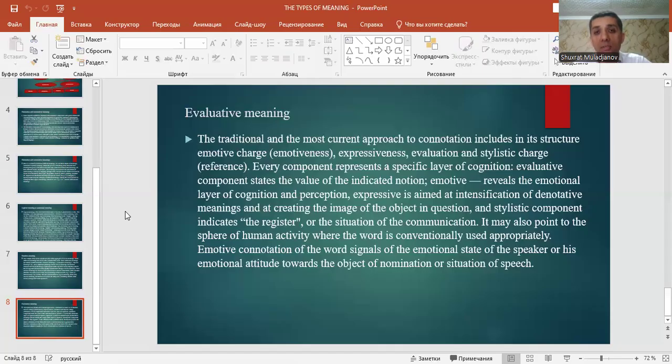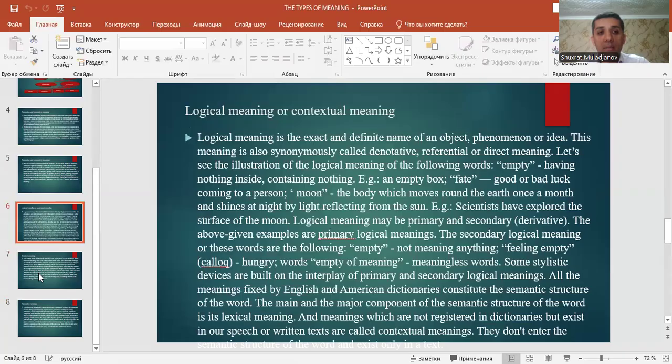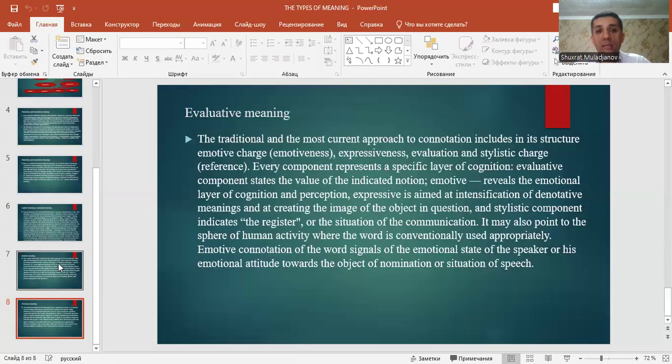Evaluative meaning demonstrates exaggerations in utterances, where words can be underestimated or evaluated according to their designations. So here we regard the main patterns of word meanings in stylistics.